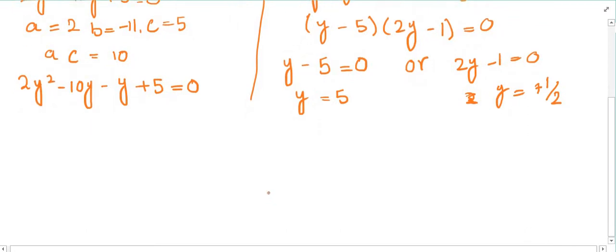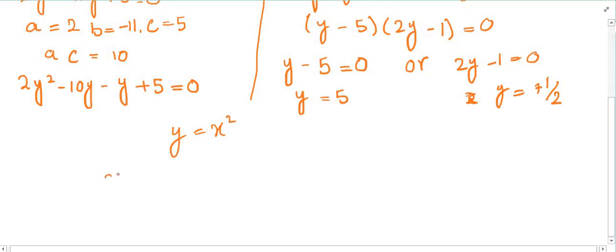Okay, again substitute y equals x^2, because y equals 5 and y equals 1 by 2 are the roots of the quadratic equation, but we want the roots of the given equation, which is of fourth order. We substitute y equals x^2 again.